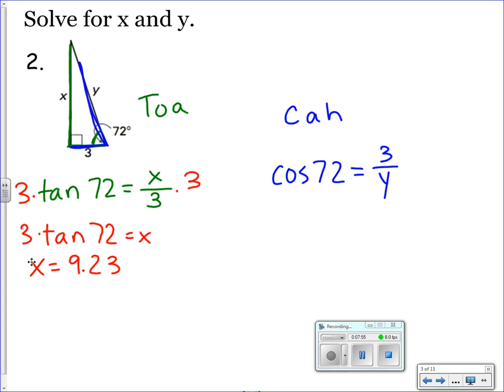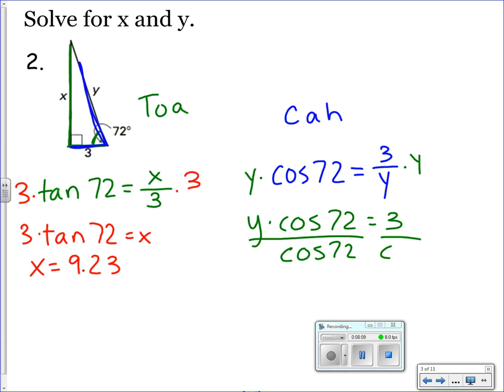So if I multiply both sides by y, I have y times the cosine of 72 equals 3. Divide by cosine of 72, because remember that's a number that we're finding. So then y is going to be equal to 3 divided by the cosine of 72.